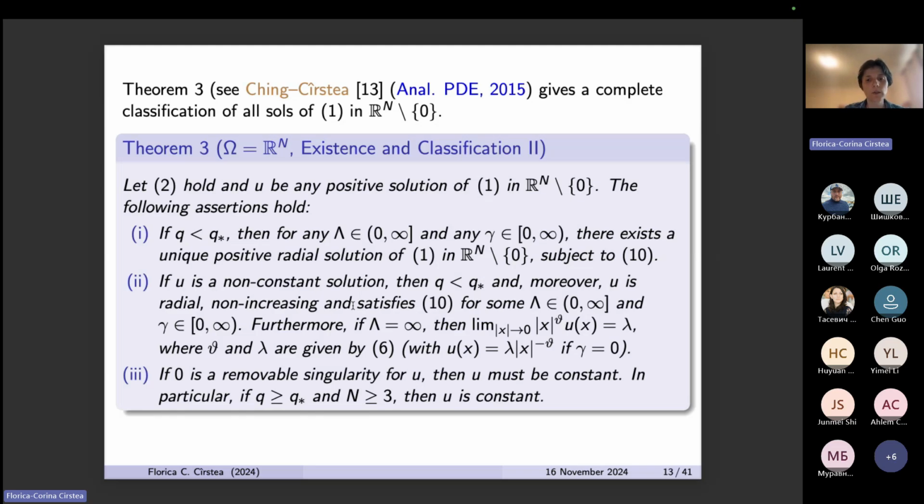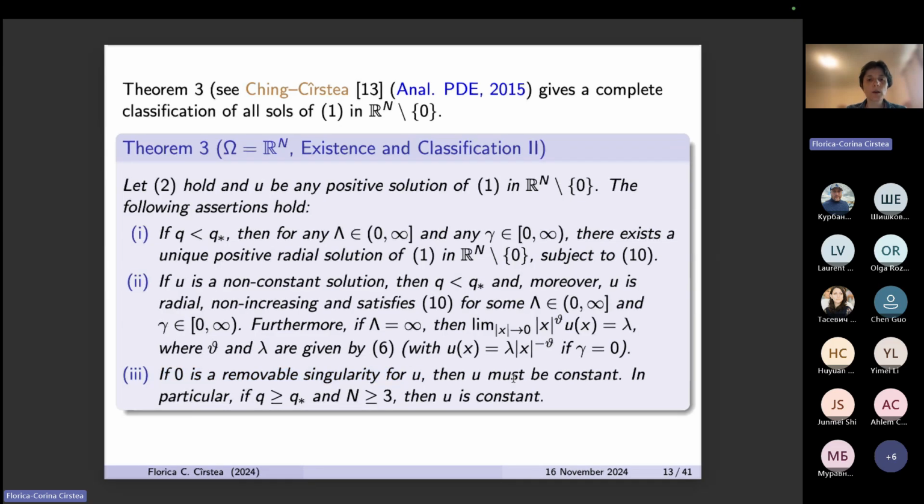And moreover, u is radial, non-increasing, and satisfies condition 10 for some capital lambda positive and less than or equal to infinity, and gamma a non-negative constant. And by the classification, we know that if lambda is infinite, you have a strong singularity, and we discussed the behavior. And if finally you have that 0 is a removable singularity, then u must be constant.